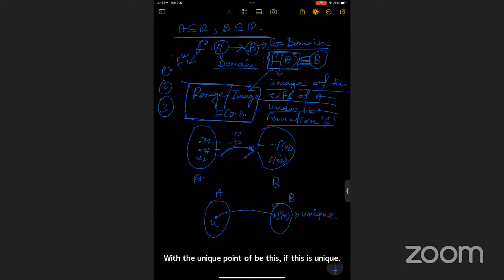If we have an example where x is going to f(x), and also going to some f(x) dash, so this is another point of B. Then is it a function? No.